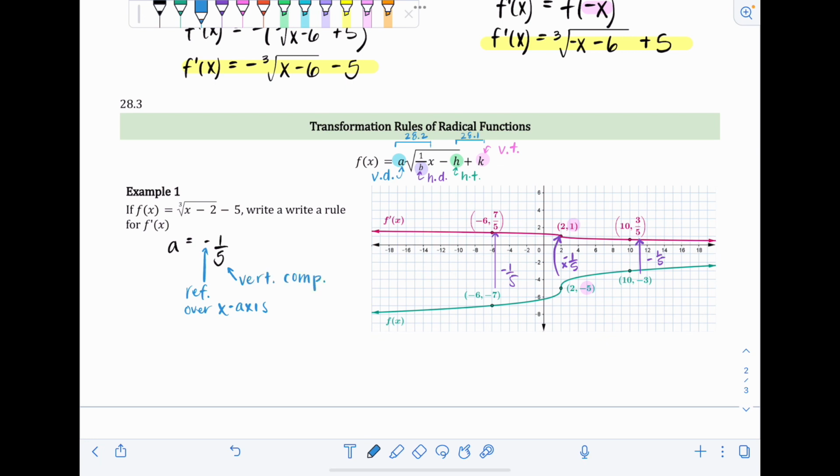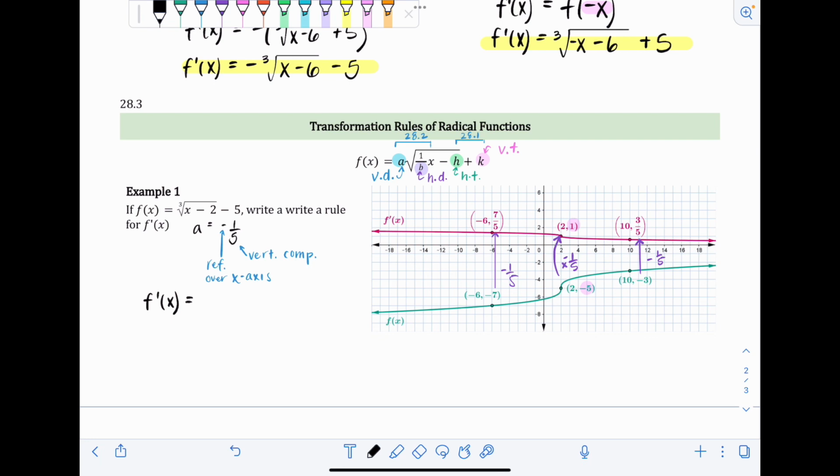So it is two types of transformations, but we get to put them all in one step. I'm going to use that function formula to create a template for us. So if we want f prime of x to be a reflection and a vertical compression of 1/5, it'd be -1/5 times f of x.